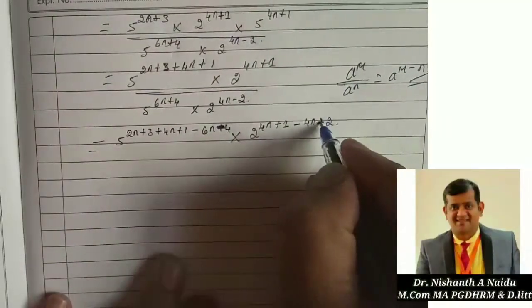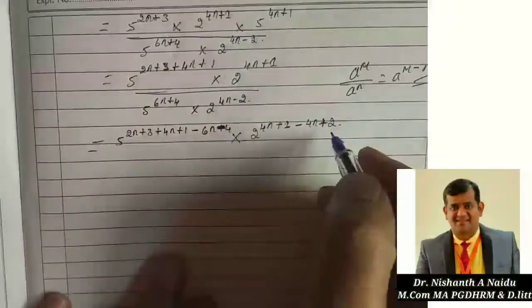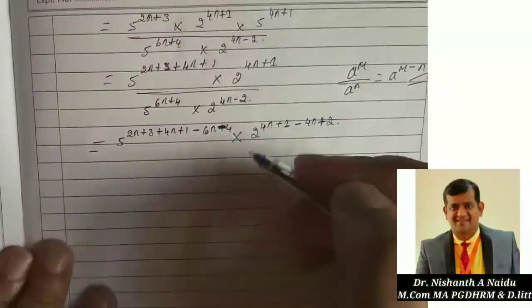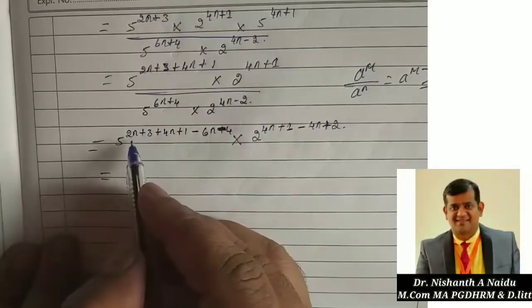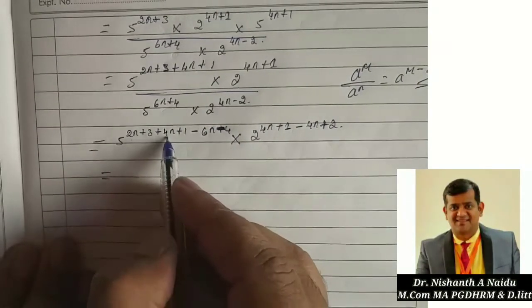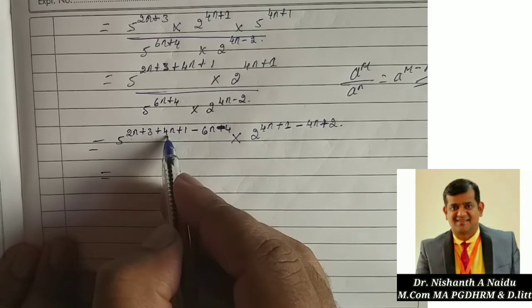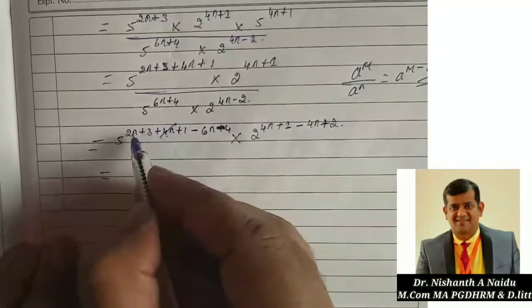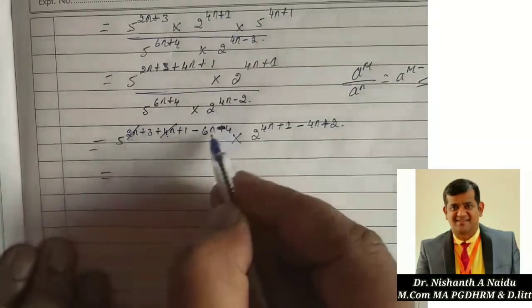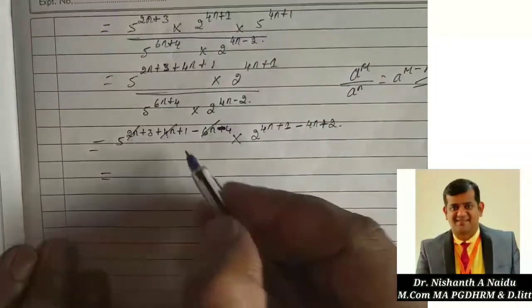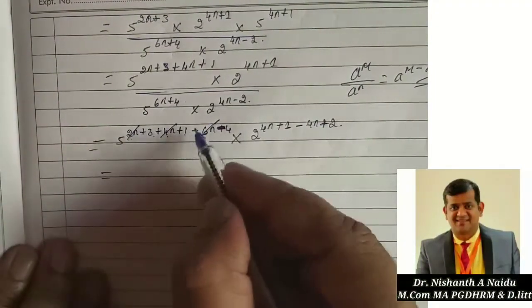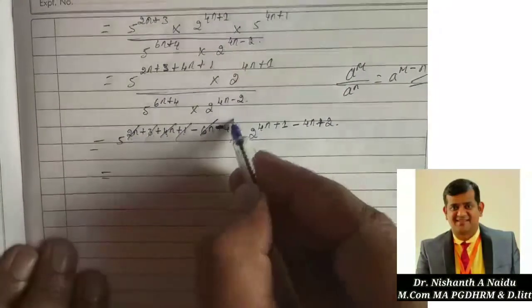Minus becomes plus because we are shifting to the upper side. Now cancel. How many n's are there? 2n plus 4n, that is 6n, correct? 6n gets cancelled. 3 plus 1 is 4, so 3 plus 1, 4.